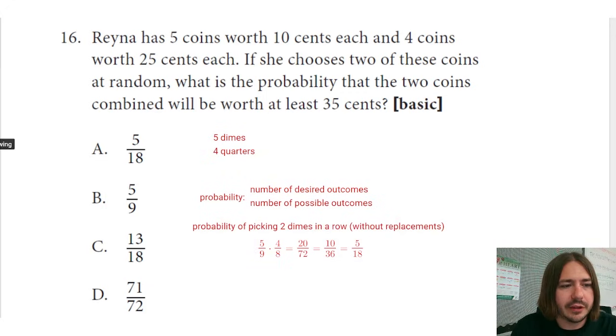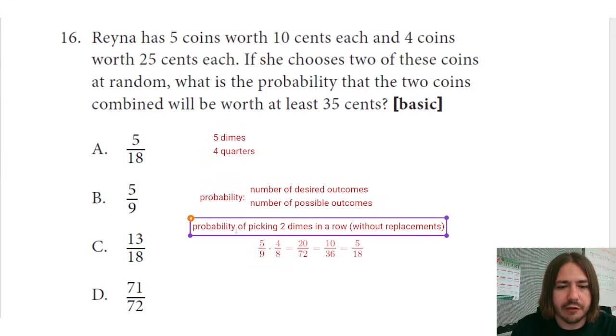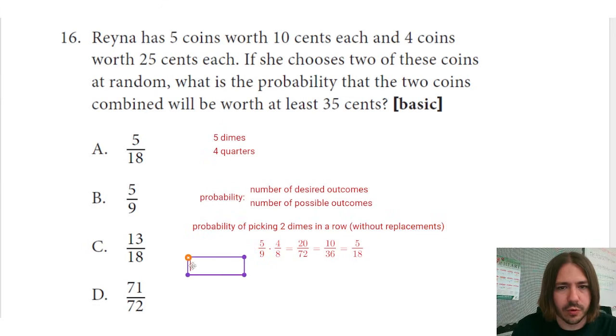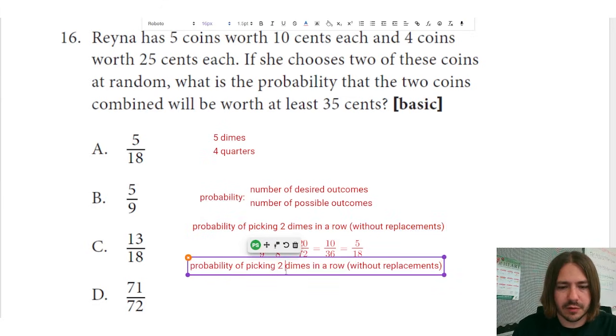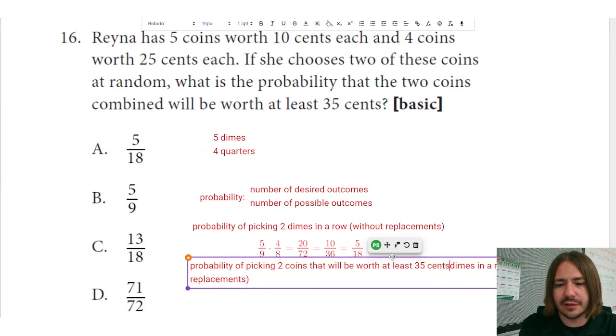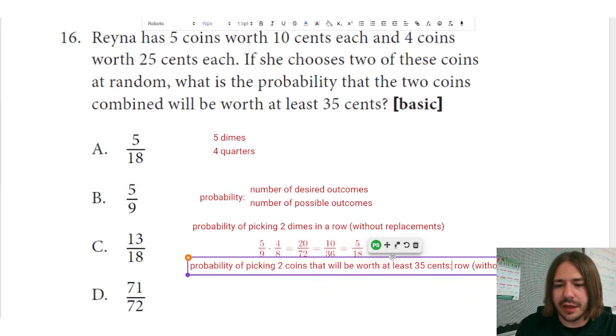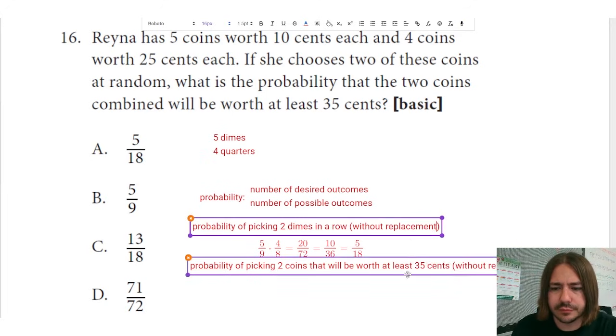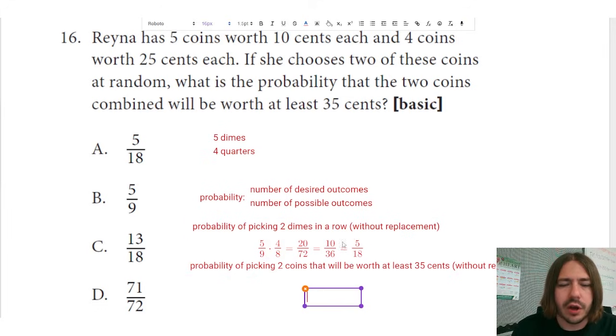So the probability of picking 2 coins that will be worth at least 35 cents, and again, without replacement, is going to be 1 minus this.